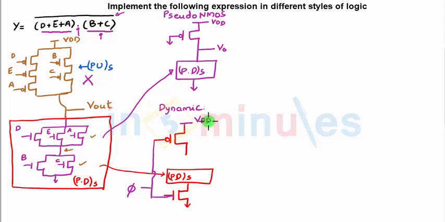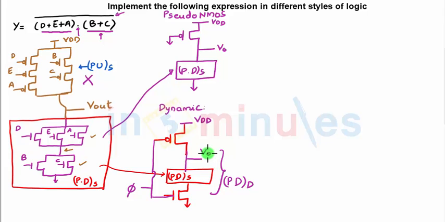One terminal is connected to VDD, and in between, this is my total pull-down network of dynamic logic. In between my pull-up and my pull-down network, I will have an output which is nothing but Vout, and this is nothing but the dynamic implementation of the given expression.